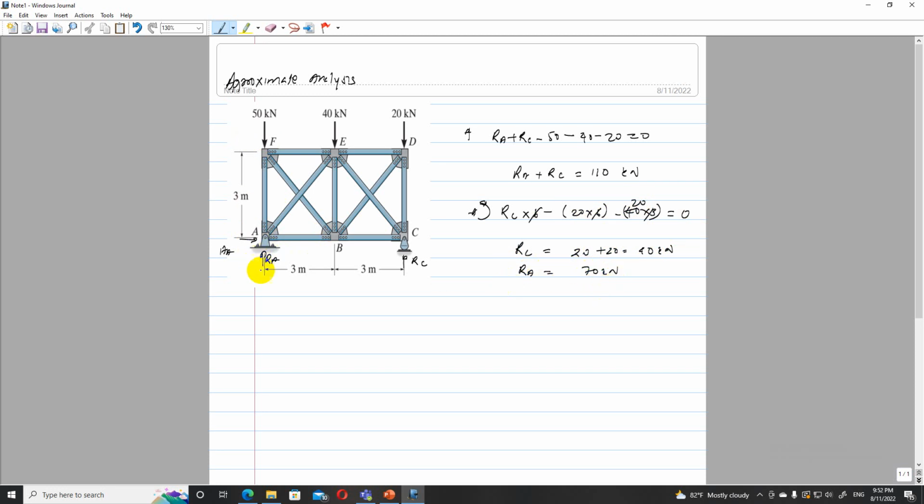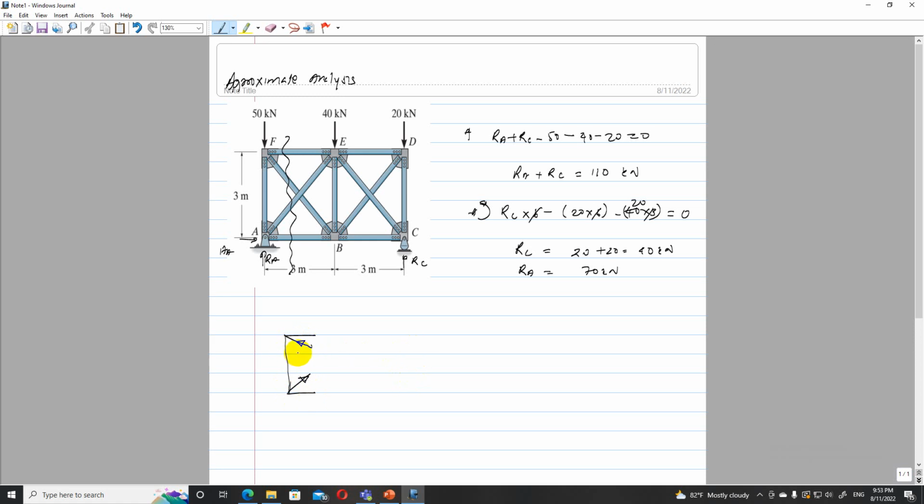Now since this is 70, if I cut it like this, then I can take the panel shear. Say I assume this to be under compression and this to be under tension.